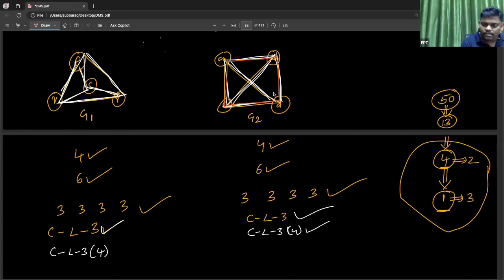I think there is. See this one. Can you check here? 1, 2, 3, 4. Am I right? PQRS. Yes. Here also a cycle of length 4.